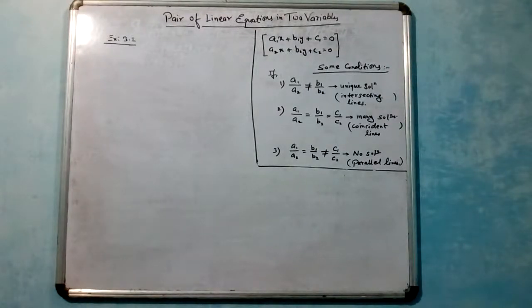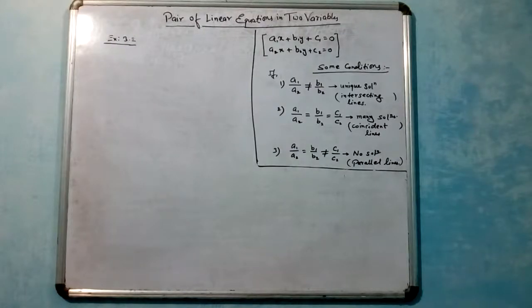If consistent, obtain the solution graphically. If it is not consistent, don't go further. But if it is consistent, show them graphically, means obtain the solution graphically. Don't only represent, also get the solution.